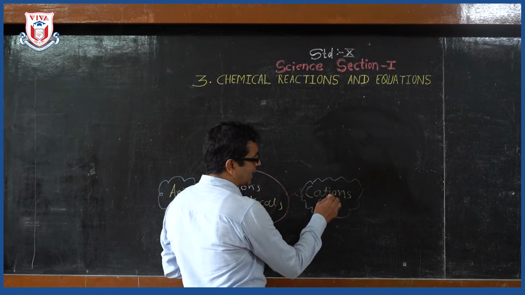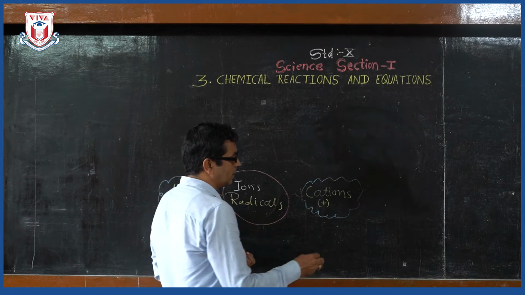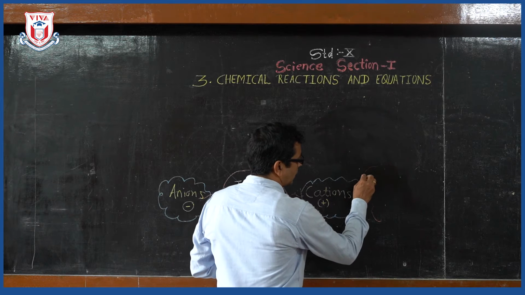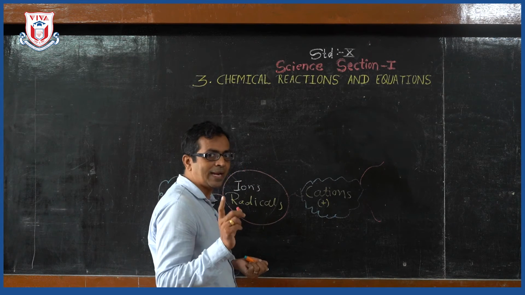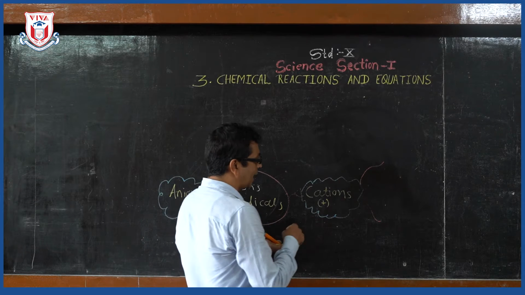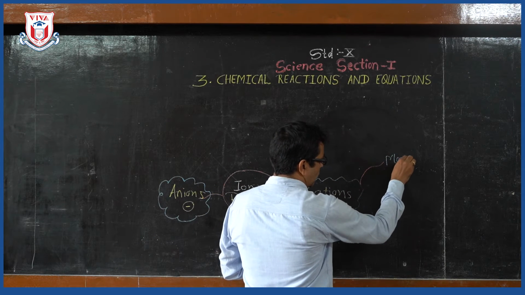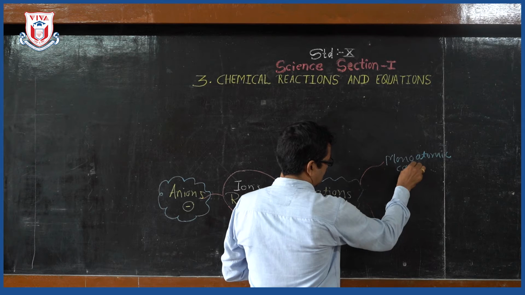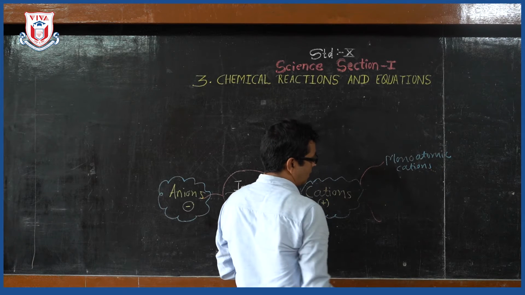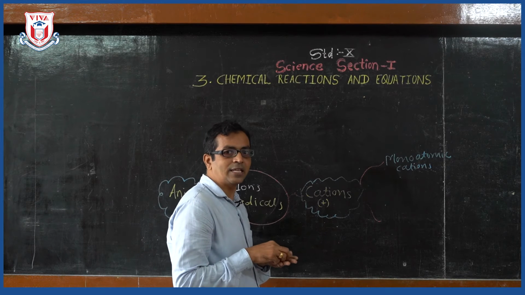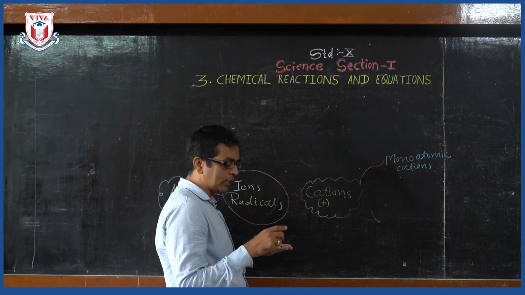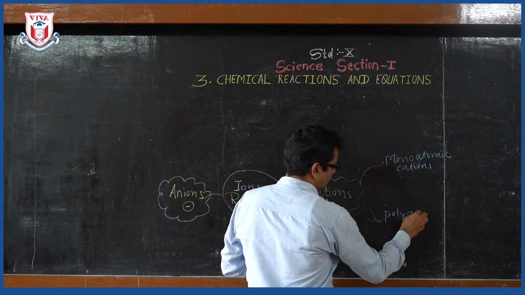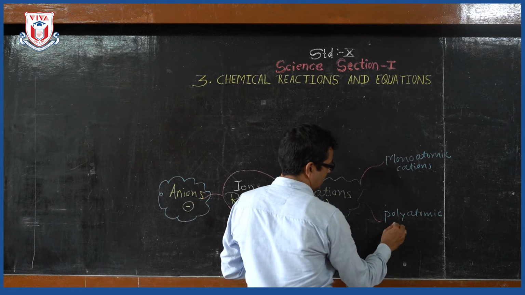Now these cations, depending upon the number of atoms, are classified into two groups. Number one, if only one atom is present, then they are called monoatomic cations. And cations having more than one atom are called polyatomic cations.